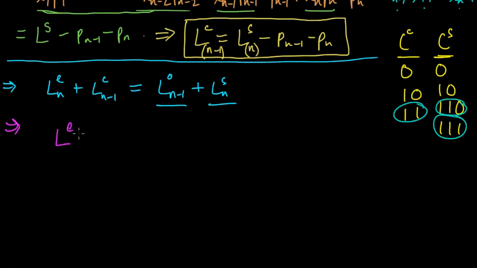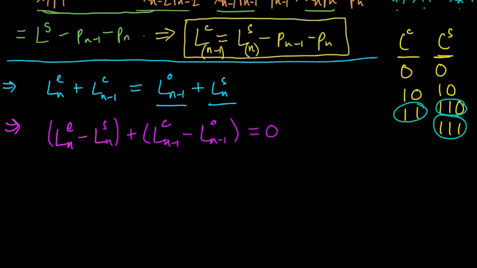So we'll subtract those over, grouping the N guys together, L_N^E minus L_N^S, and then the N minus 1 guys together, L_{N-1}^C minus L_{N-1}^O, and that equals 0.